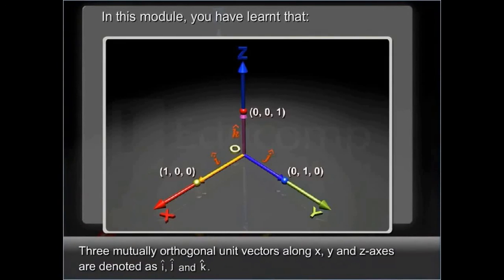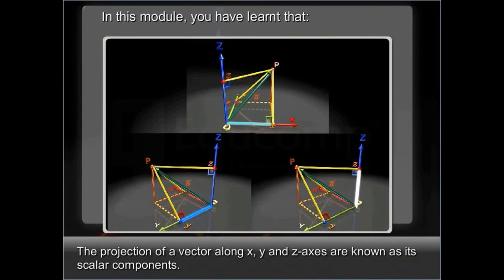In this module, you have learnt that three mutually orthogonal unit vectors along x, y, and z axis are denoted as i cap, j cap, and k cap. The projections of a vector along x, y, and z axis are known as its scalar components.